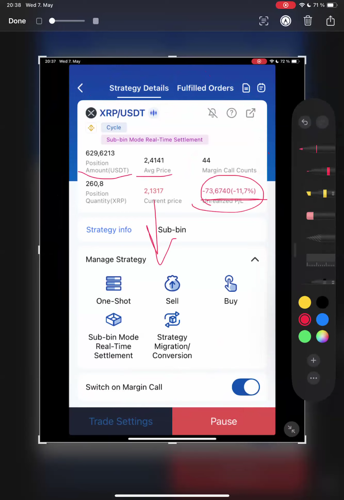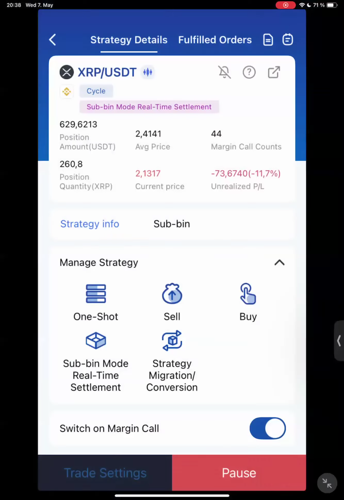All right, so I've explained this. The average price, this average price is not for the 44th call, it's for the fourth margin call. Now let's look at the average price for the 44th call.